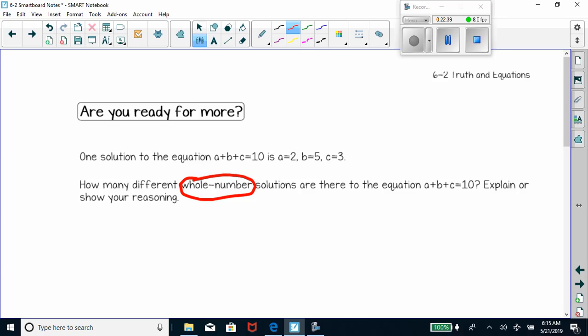But in this case, because they are whole number solutions, they would have to be positive whole numbers, and since the sum has to be 10, all of those numbers would have to be at most 10. So there is a restriction.